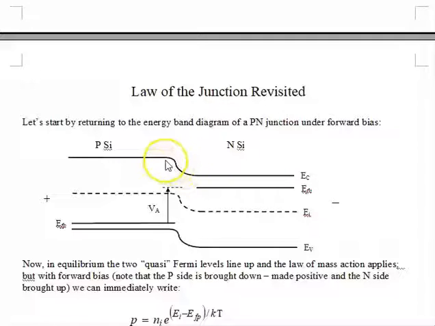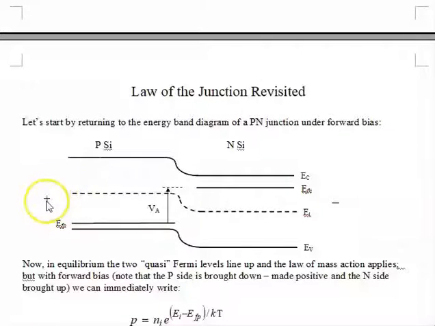In the p side, we have negative arsenic ions which have accepted an electron, and they become also fixed in the lattice. So positive to negative, the field goes from right to left in the negative direction. In forward bias, we overcome that, at least partially, by putting on an external field which goes in the opposite direction.